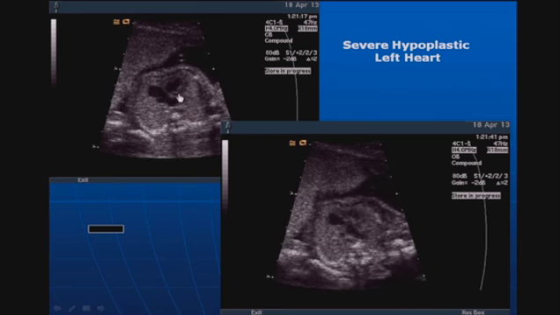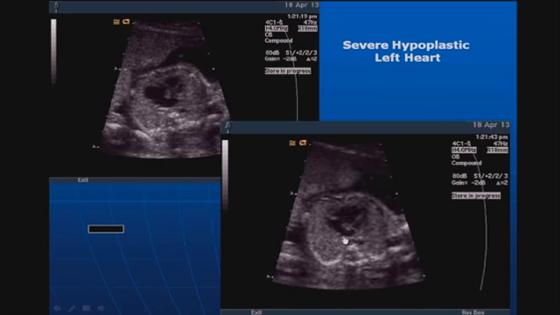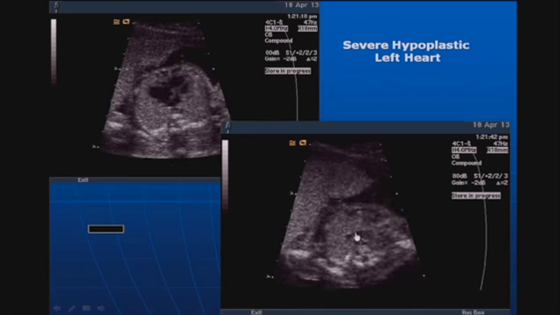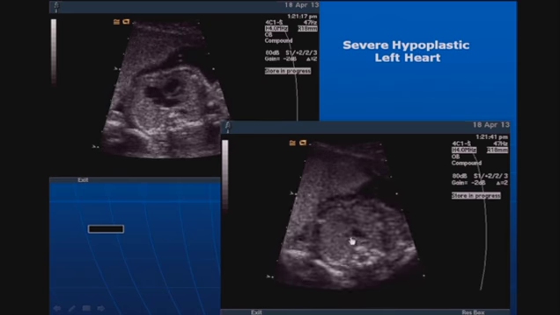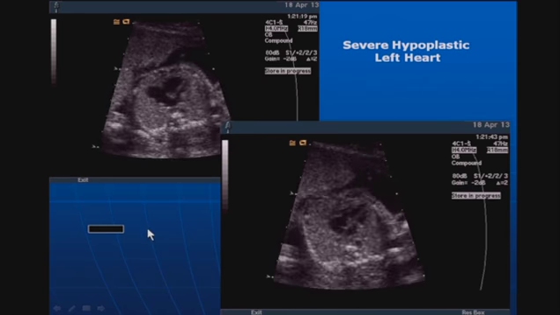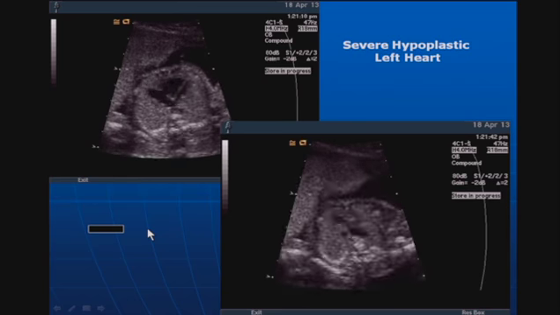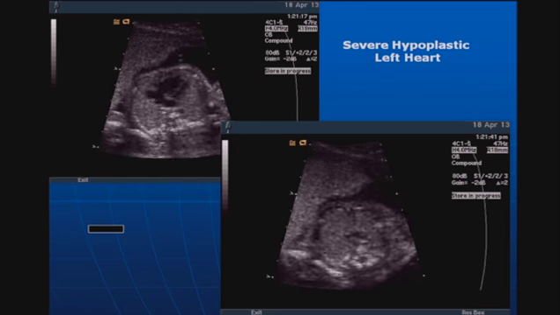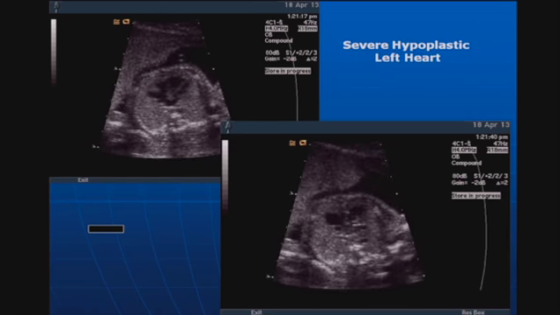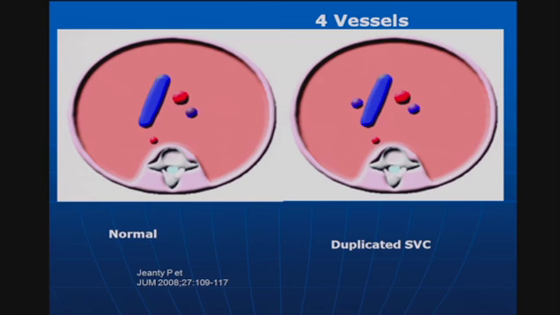So hypoplasia of the left ventricle, you look here. See the SVC, you see the pulmonary artery, but you should see in between those, and maybe there's just a little dot of the aorta there, but basically it's gone. It's virtually a two-vessel view instead of a three-vessel view, so the aorta is absent.